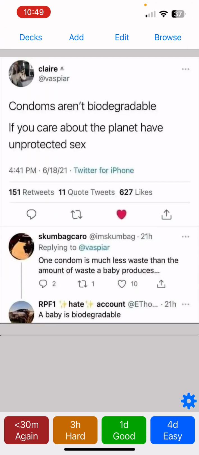Okay. Condoms aren't biodegradable. If you care about the planet, have unprotected sex. What? Wait. What? Okay. One condom is much less waste than the amount of waste that a baby produces. I get you.